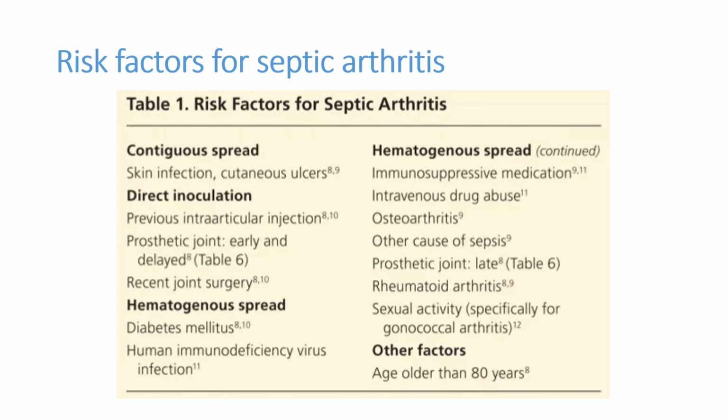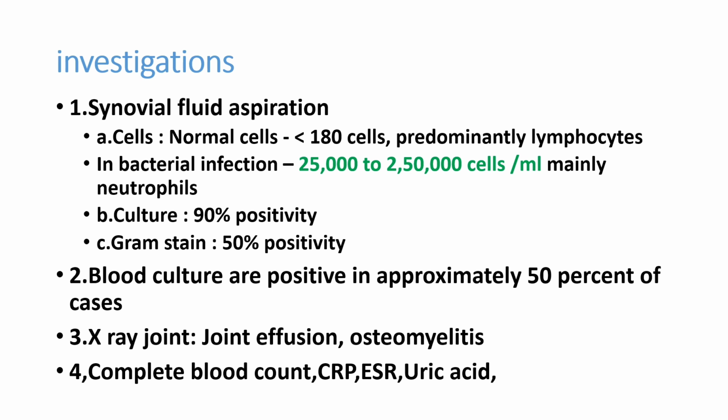These are the common risk factors, but clinically the most important are previous joint damage and joint surgeries. And like any other disease, diabetes is one of the major risk factors for all types of infections, including septic arthritis.